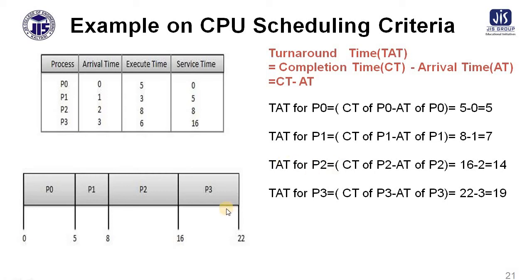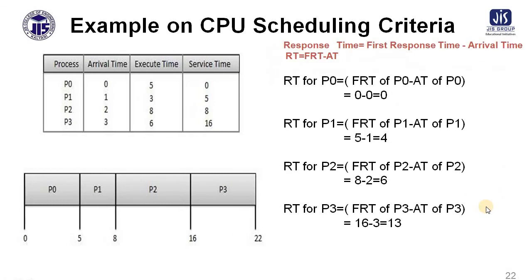Turnaround time for process 2: the completion time of process 2 is 16, but process 2 arrived at 2. So 16 minus 2 is 14. Similarly, turnaround time for process 3: the completion time is 22, but process 3 arrived at 3. So 22 minus 3 is 19.